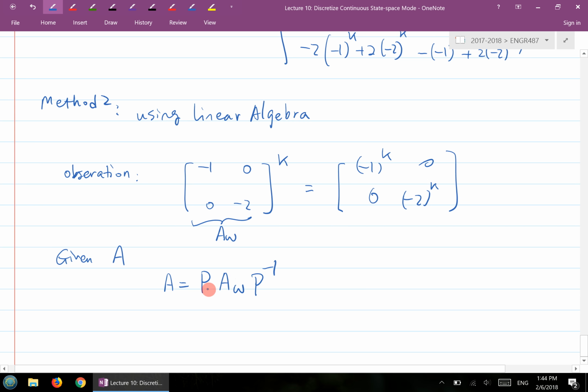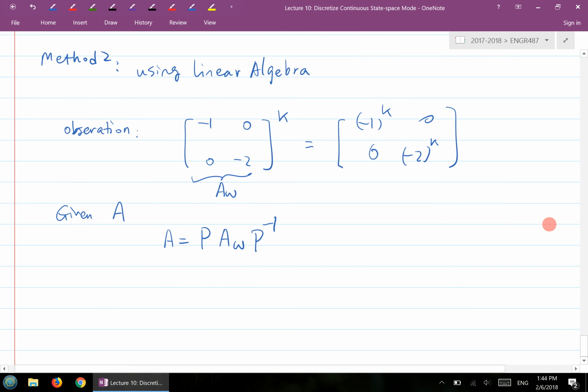I have to use another matrix, capital P, to get back to the original matrix A. This is called similarity transformation. If I write AW as -2, -1, then this P matrix will be different.